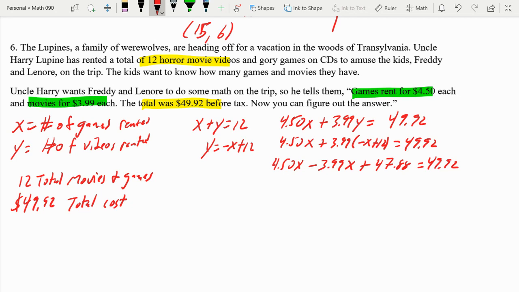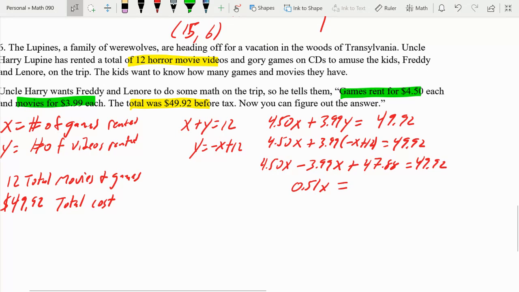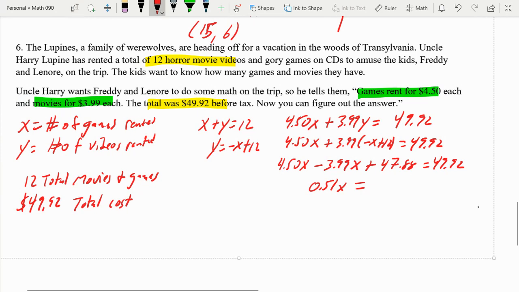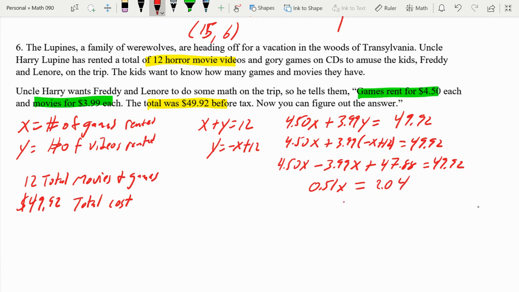So combine like terms, that's 51x. And I'm just going to subtract from both sides. All right. So 4992 minus 4788 gives me 204. Divide both sides by 51.